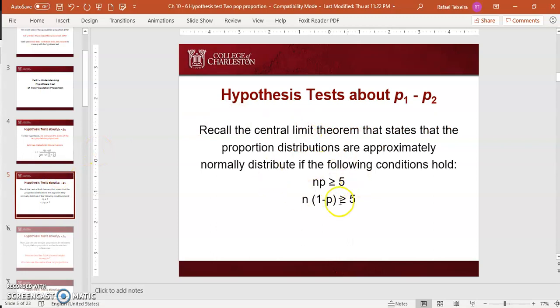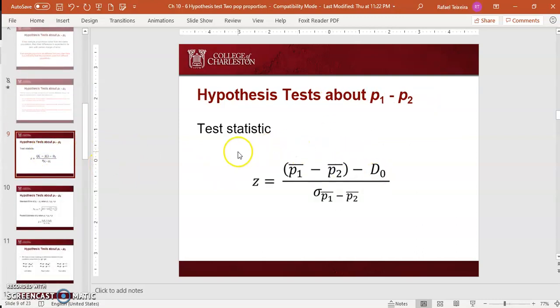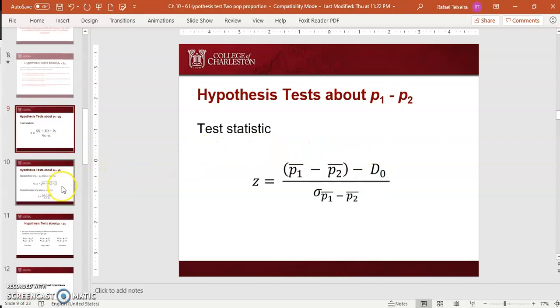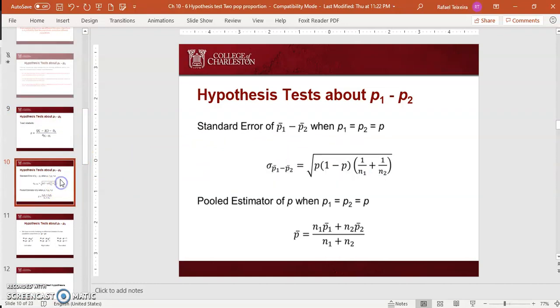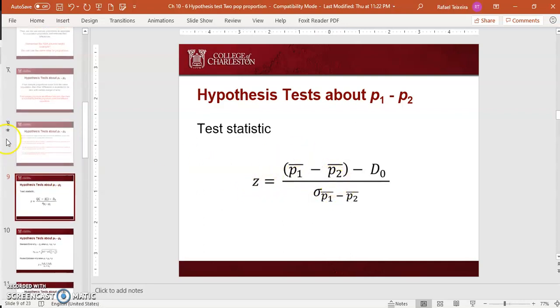Okay. Remember, we have two conditions. These are the two conditions. I talked a lot about them in the previous video, so I'm going to skip that. Again, this is the test statistic, and that's similar to this one.